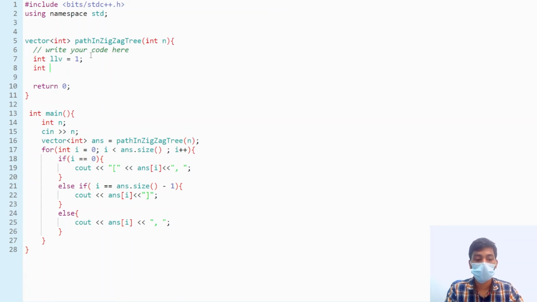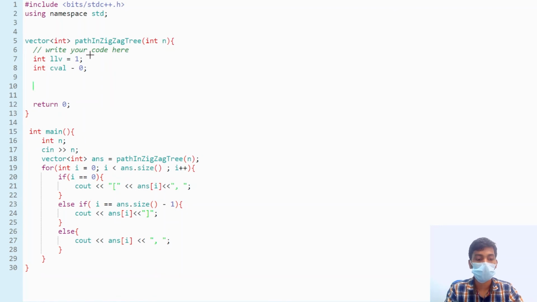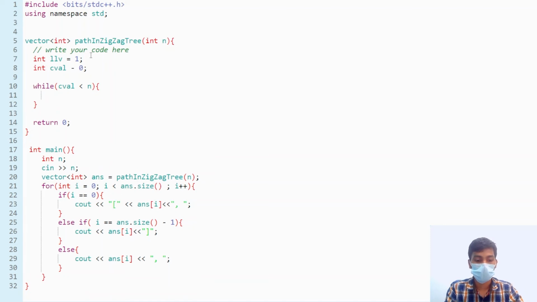Let's declare another variable. Let's name it current val, that is initially going to be 0, right? This is going to help us determine how many levels there are. So first we are going to run a loop while current val is less than n. Do what?